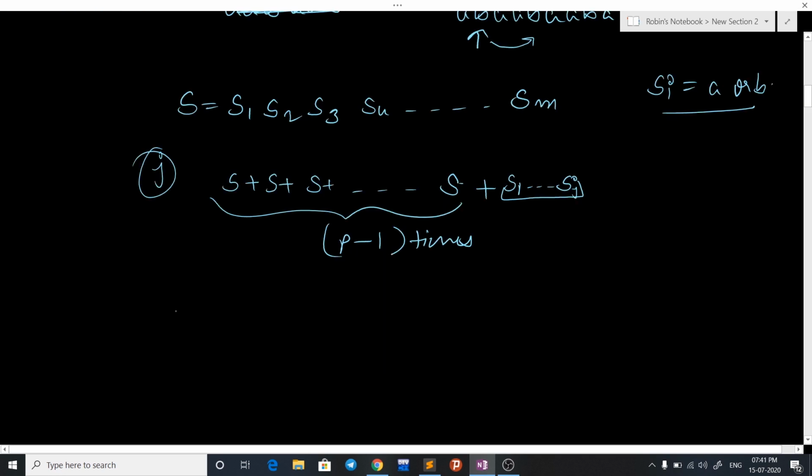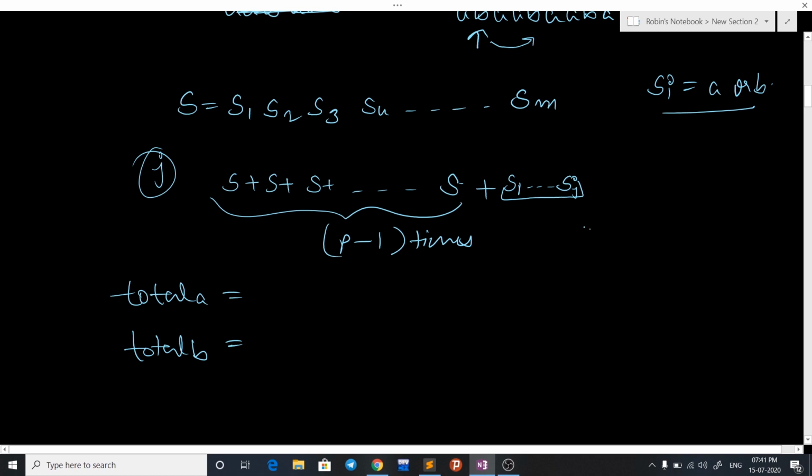Now let's count the number of A's here. I will denote the number of A's with total A and number of B's with total B. Now let's see what is the total number of A's here. First of all, let's find a prefix array.